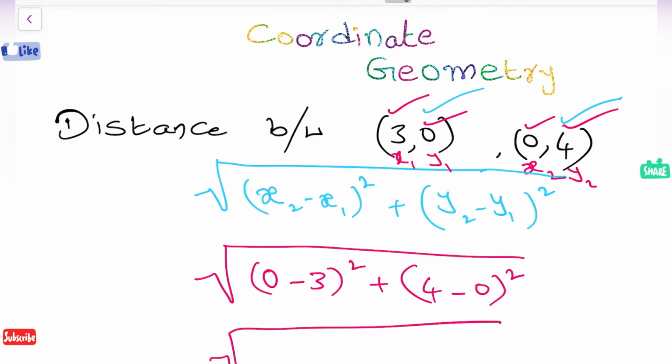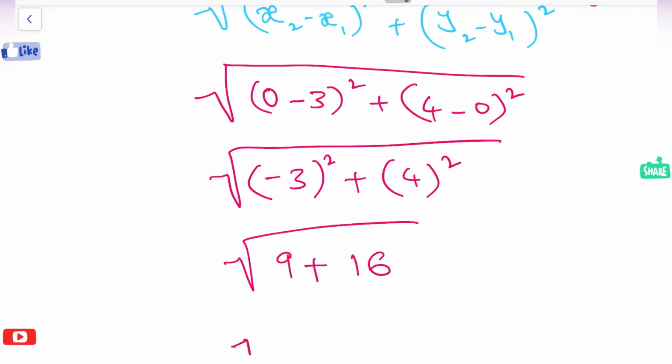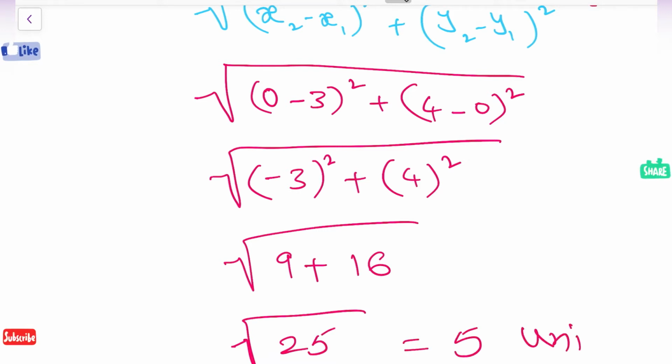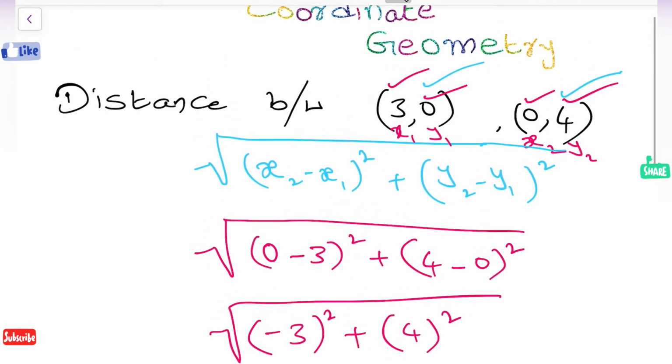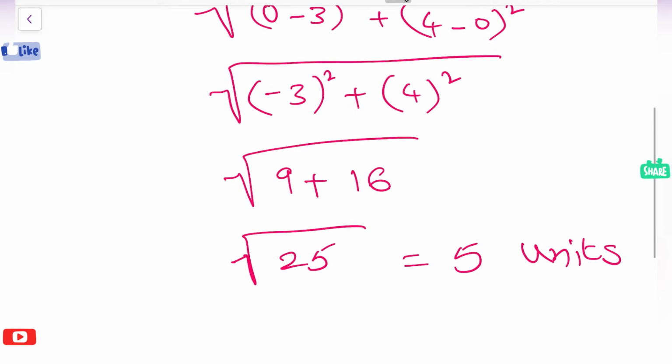Under root 0 minus 3 whole square plus 4 minus 0, 4 square. Under root minus 3 whole square 9 plus 4 square 16, which is equals to 9 plus 16, 25. Root 25 is nothing but 5 units. So the distance between the points 3, 0 and 0, 4 is 5 units.